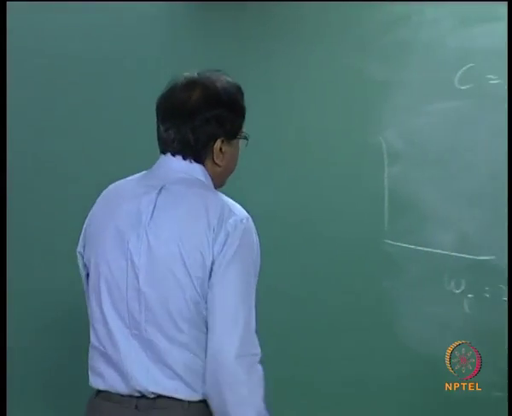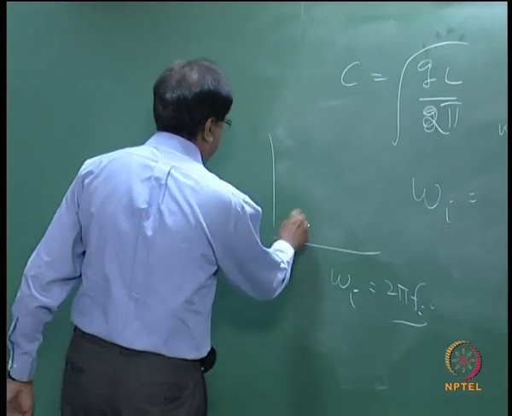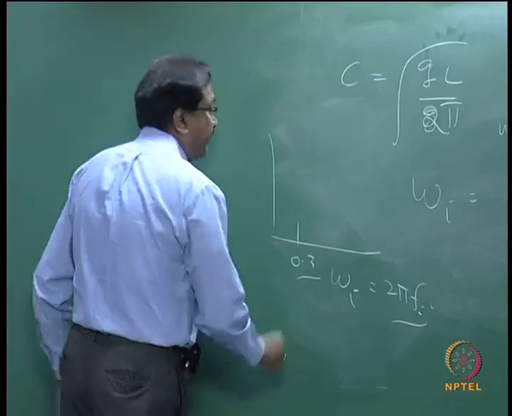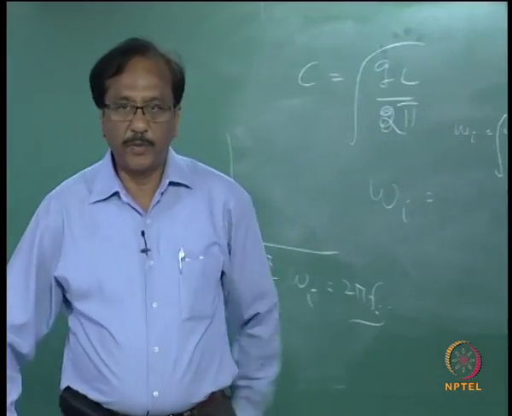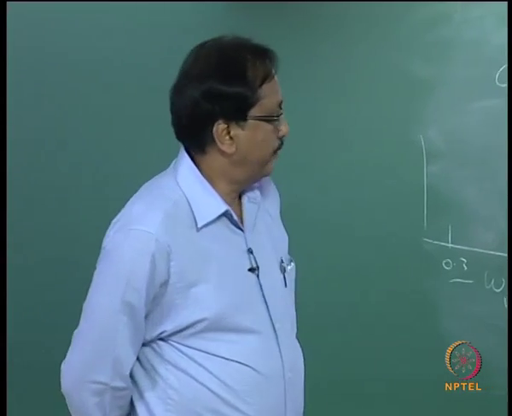What I need is the distribution of energy. So, omega 1 is 0.3, for the wave number 1. I calculate the amplitude square.